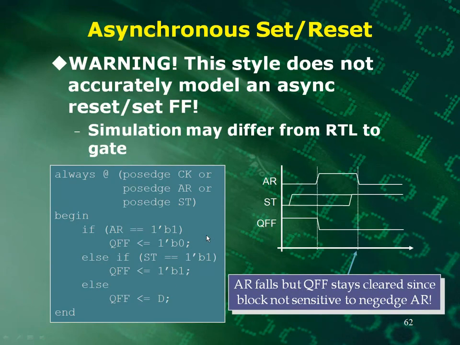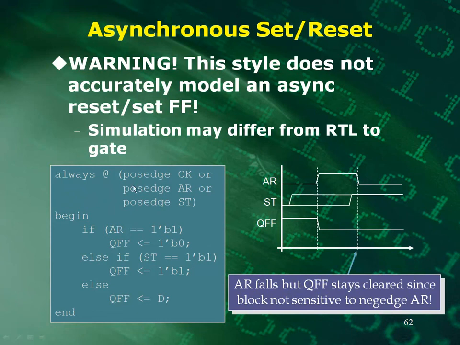However, big warning here in doing this. It doesn't accurately model an asynchronous set, reset flip-flop. Avoid these. Okay, and I'm going to show you why. Let's see here if I get a piece of paper.